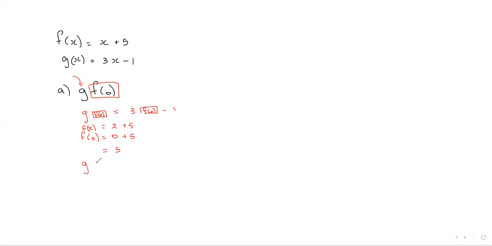That means that if f of 0 is 5, everywhere I have f of 0, I'll substitute 5. And then we solve like normal. 5 3s are 15 minus 1, so it's going to be 14.